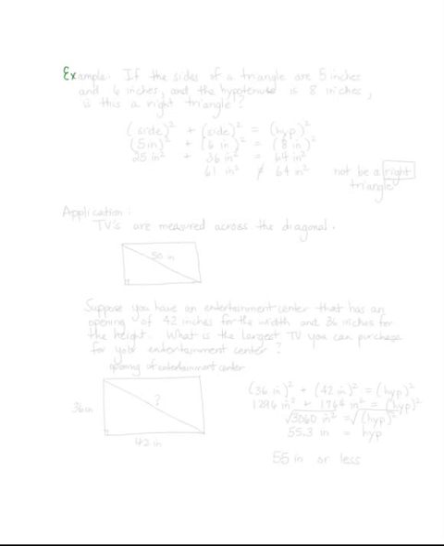Another example of using the Pythagorean theorem would be this one. If the sides of a triangle are 5 inches and 6 inches, and the hypotenuse is 8 inches, is this a right triangle?